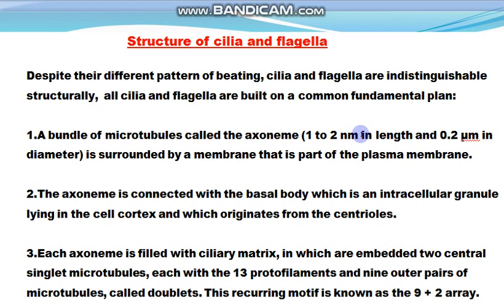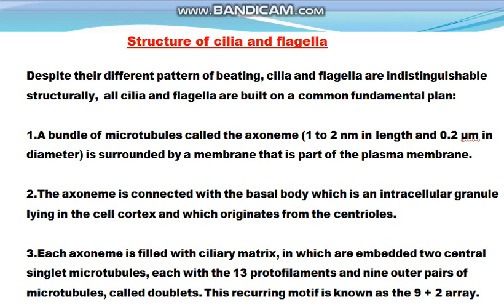They are 1 to 2 nanometer in length and 0.2 μ in diameter, and it is surrounded by a membrane that is a part of the plasma membrane of the cell. And the axoneme is connected with the basal body, then down to it is the basal plate and then rootlets, which is an intracellular granule lying in the cell cortex and which originates from the centrioles.